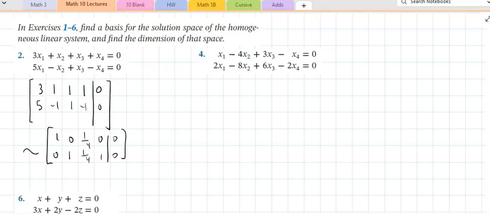Now, I know that, and let's start getting used to that notation, x1 and x2 have pivots. I know the book doesn't do this, but we're going to start doing this anyway.